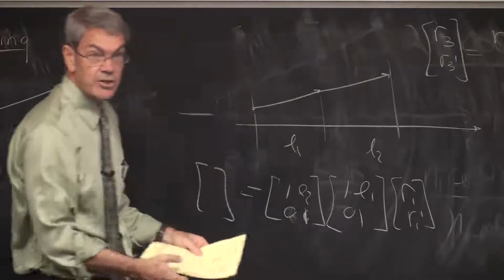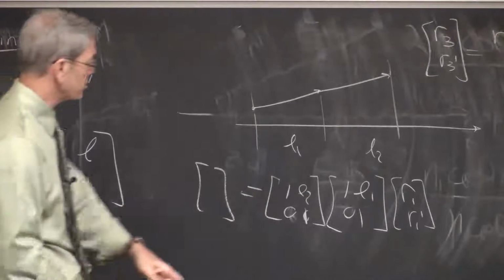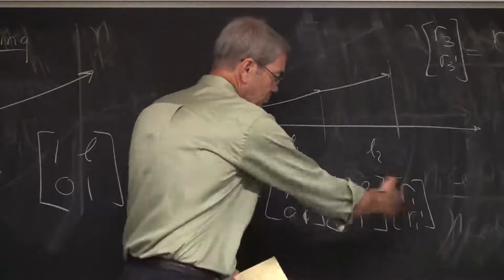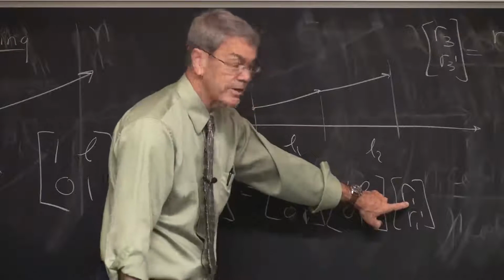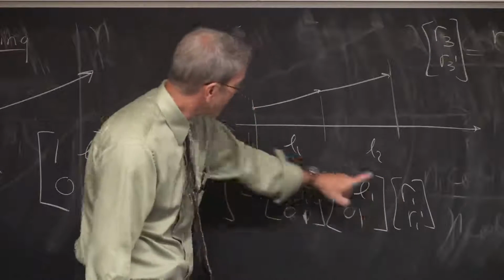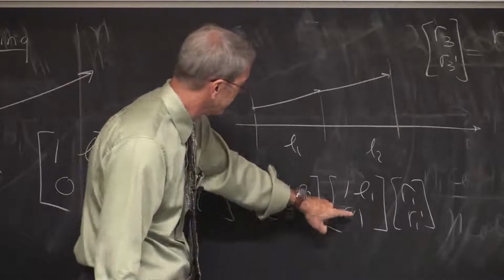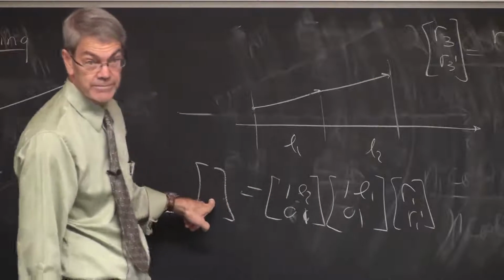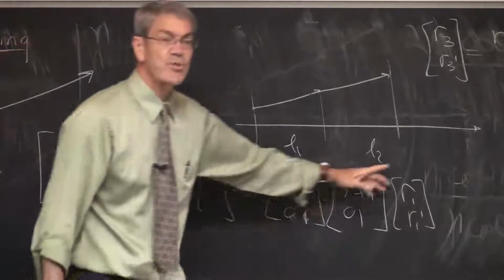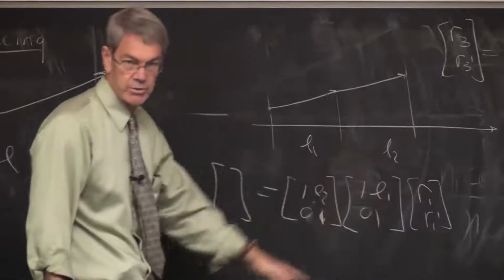So be conscious of how you're doing this. Matrix multiplication works this way, unfortunately. So I start with my initial ray. I operate on it to get it to here. Then I operate on it to get it to there. And then I finally get R3. So very simple, trivial example, but that's how that works.